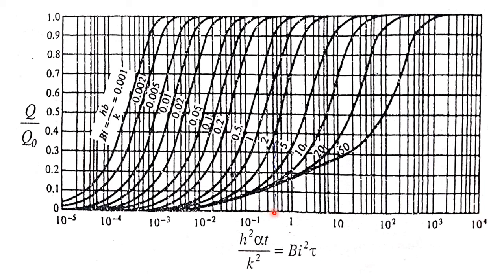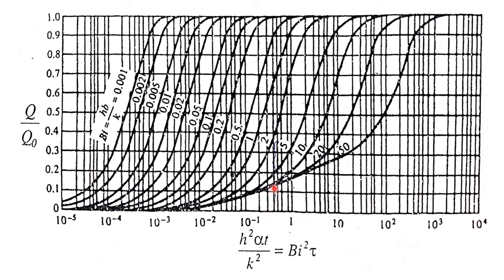Now my Biot number value is 1.17. So this is the curve of 2, this is the curve of 1. These are the curves for Biot number 50, 20, 10, 5, 2, 1. My Biot number is 1.17, so I have to concentrate on this curve. So this is 0.1, 0.2, 0.3, 0.4.